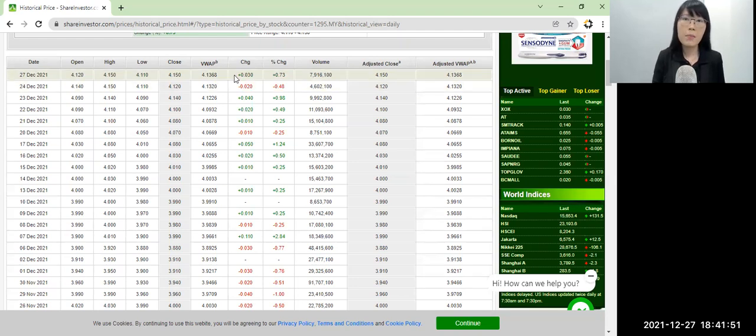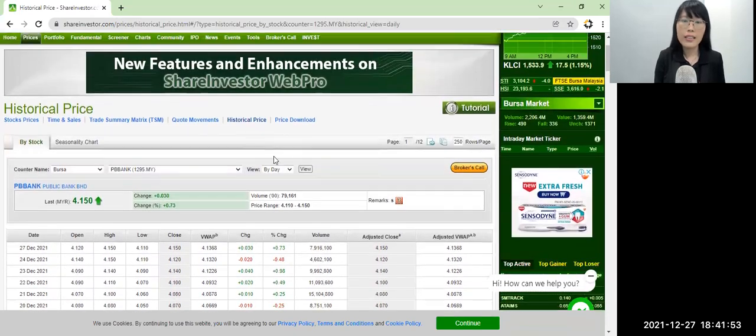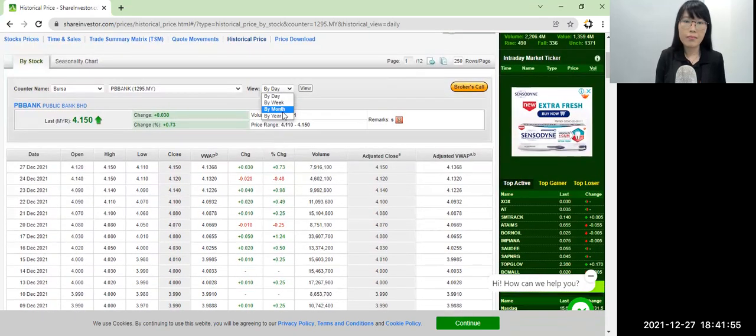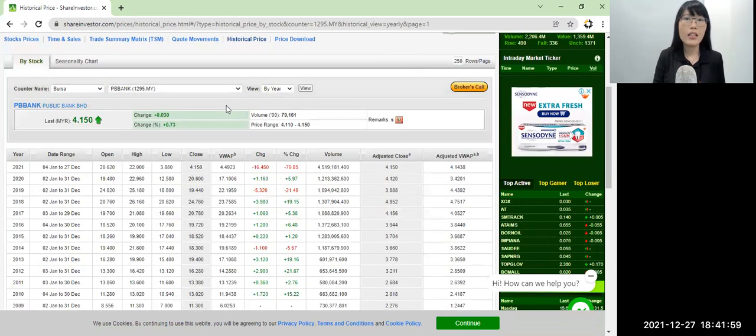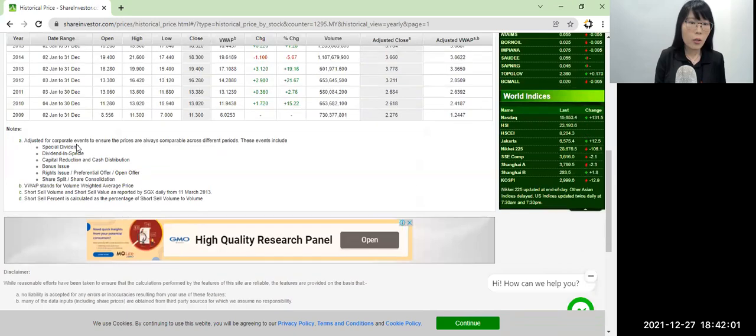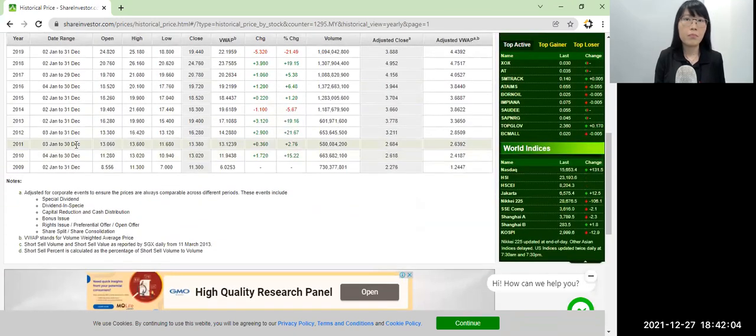If you want to see by year, you can click on this and select view. Based on this, you can see in 2009, the volume weighted average price was around 6 ringgit.